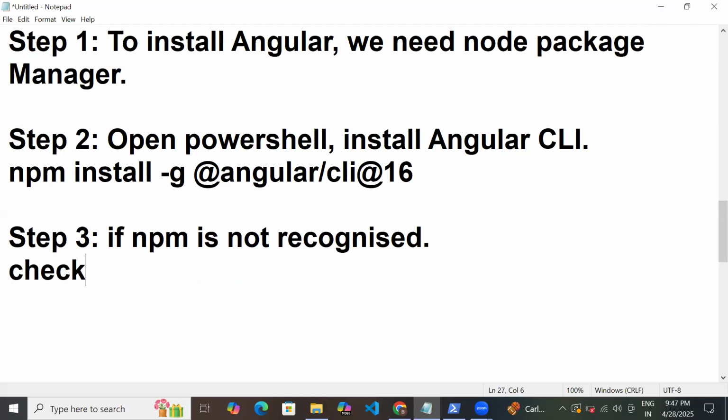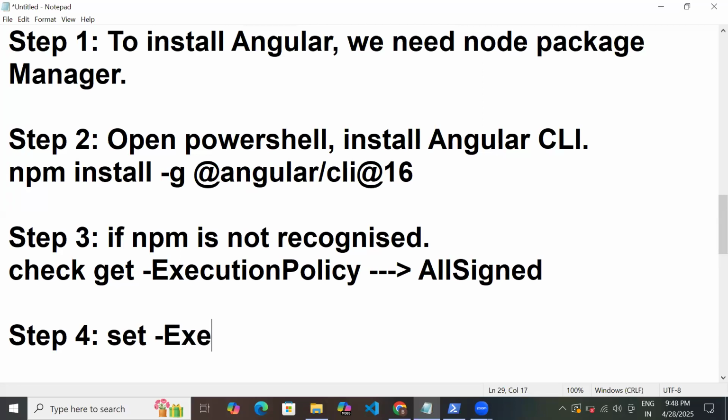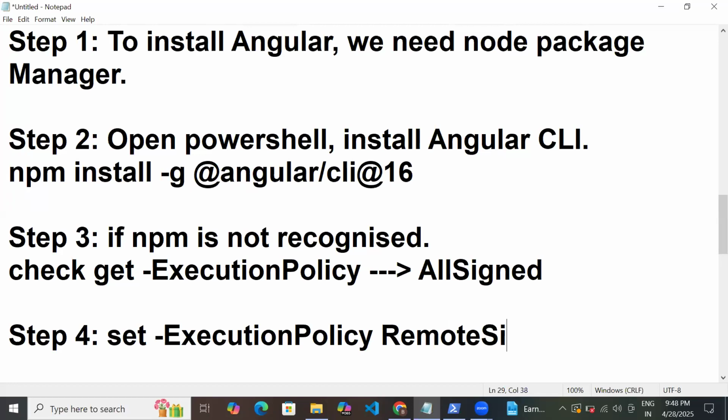Check Get-ExecutionPolicy. You got my point? This is the command. The result is all signed. What do you need to do? Step 4: Set-ExecutionPolicy RemoteSigned. Am I right or wrong? Yes, RemoteSigned.